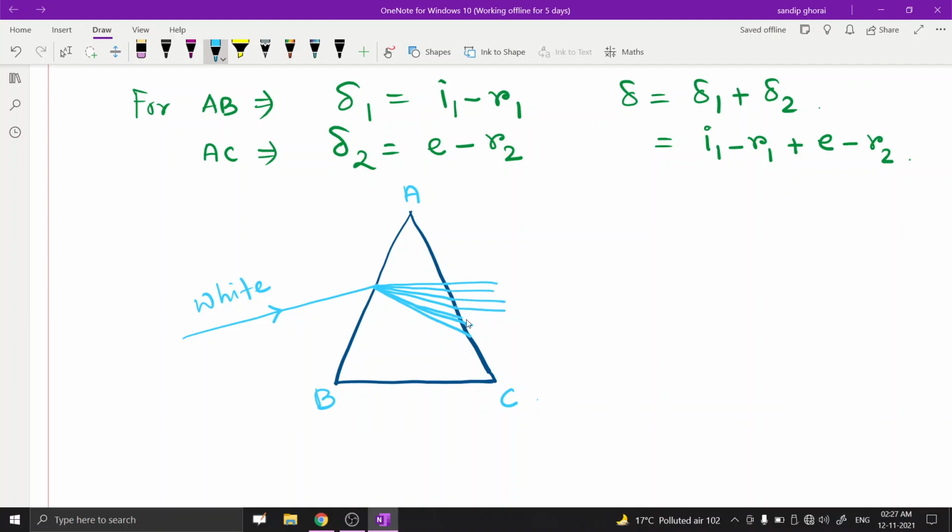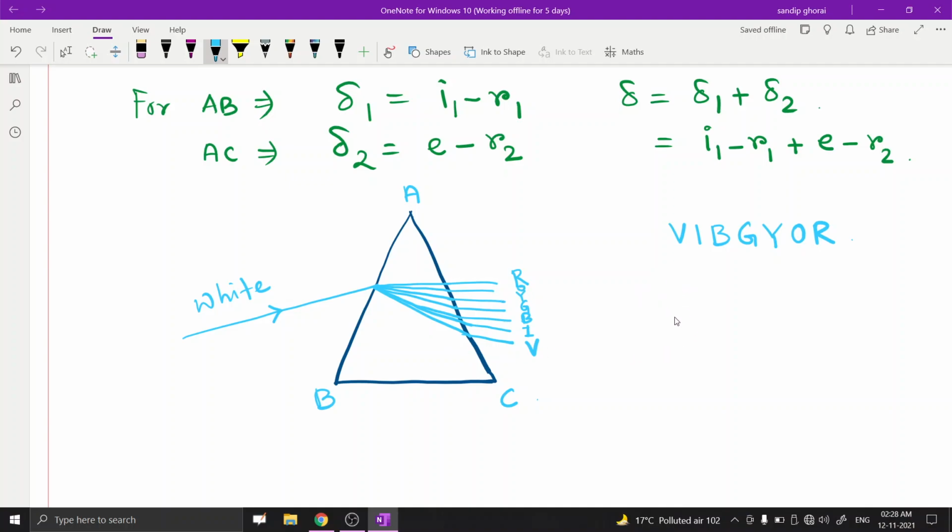The first color is red and the last color is violet. Actually we get a 7 color spectrum, that is VIBGYOR.